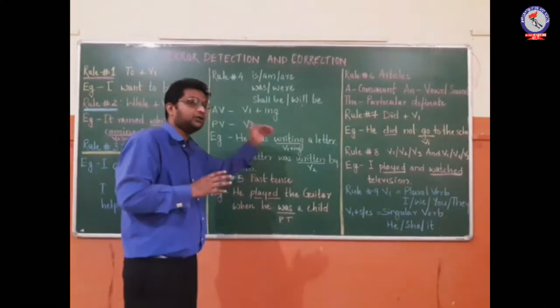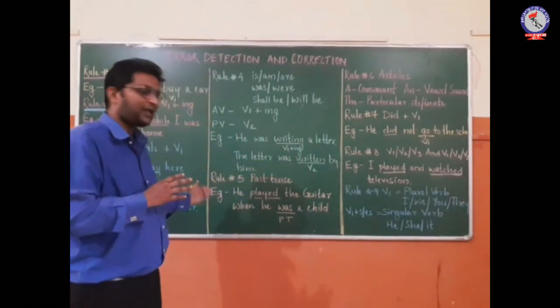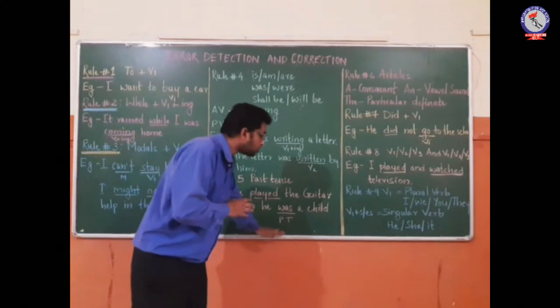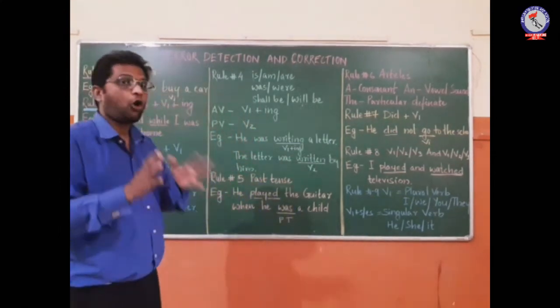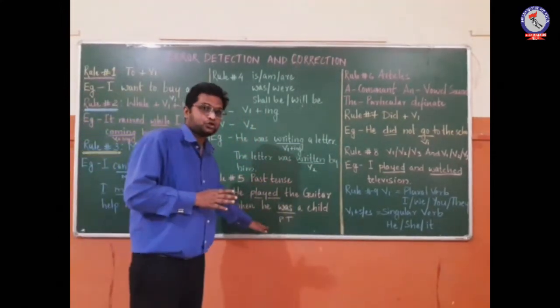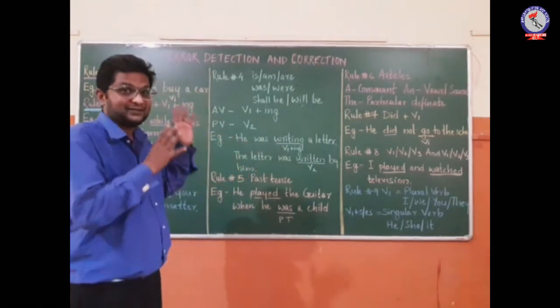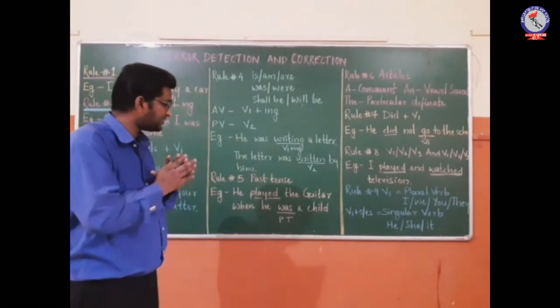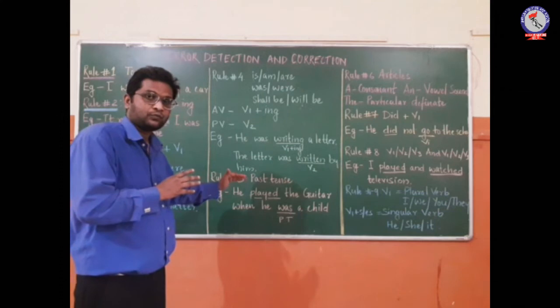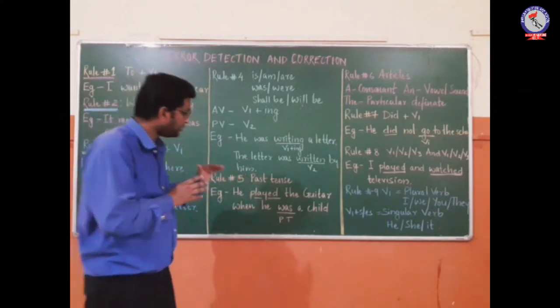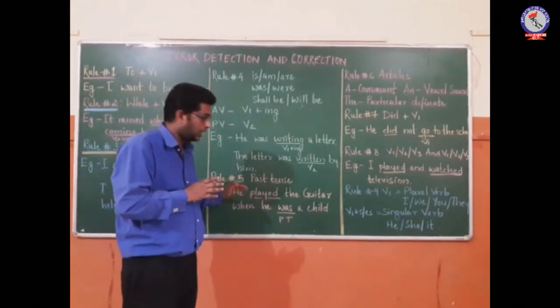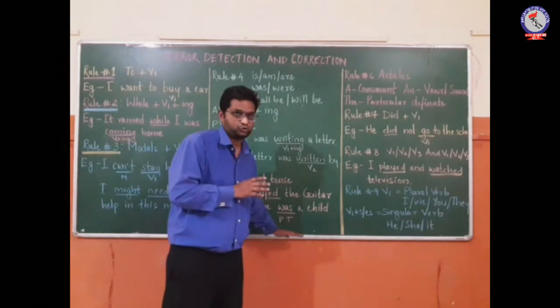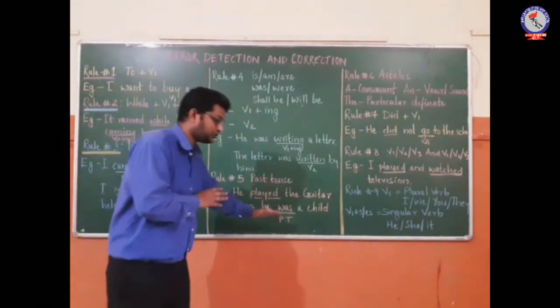He played the guitar when he was a child. "Was" also represents past tense. So the sentence is correct. So with past tense, past will be used.